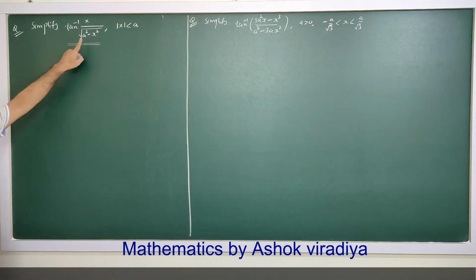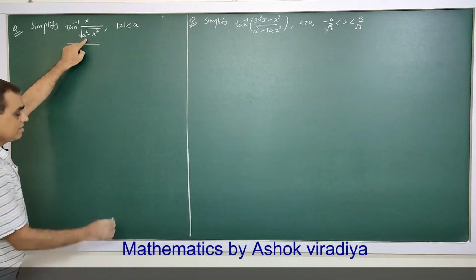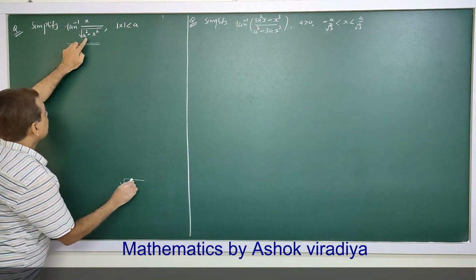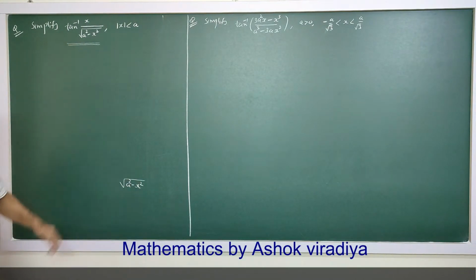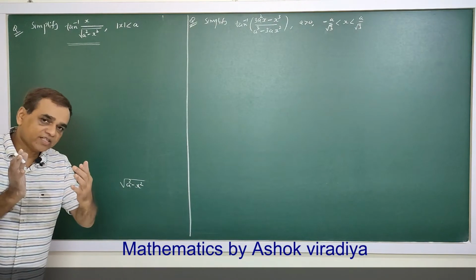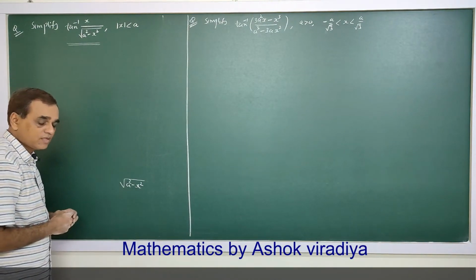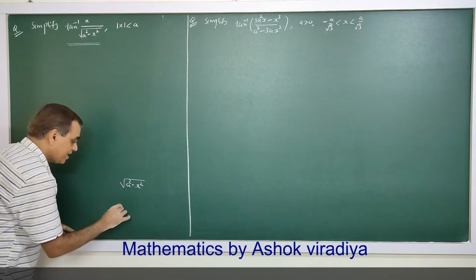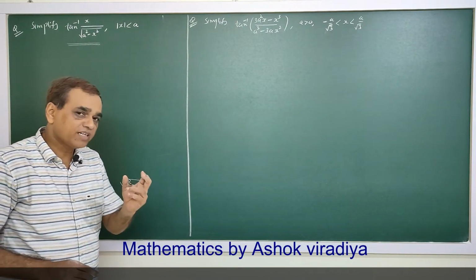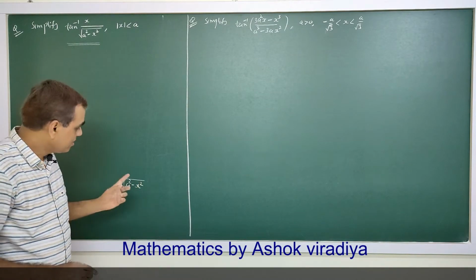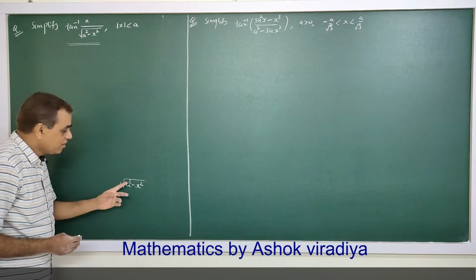Observe the inner part. In the inner part, in the denominator, a square minus x square is given. If you are given a radical sign, focus on the radical sign. Whenever such a radical sign is given, by taking a trigonometric substitution we can remove it.